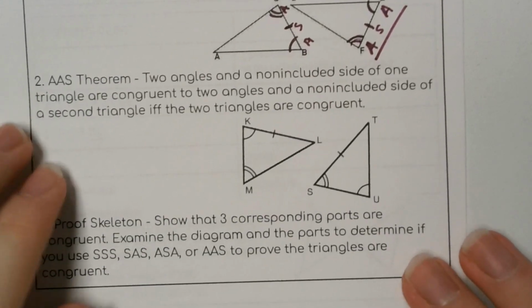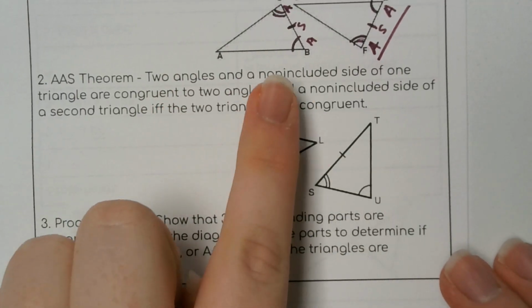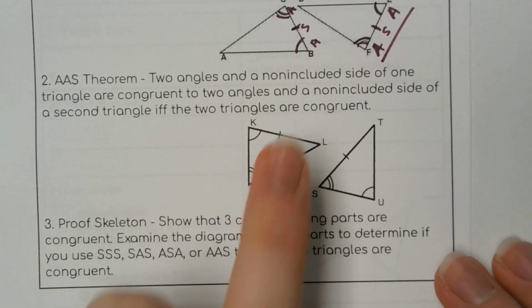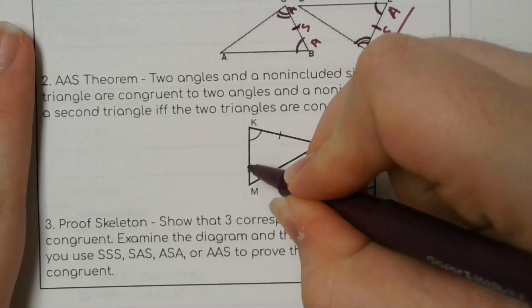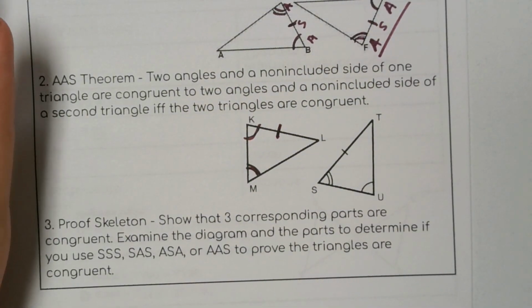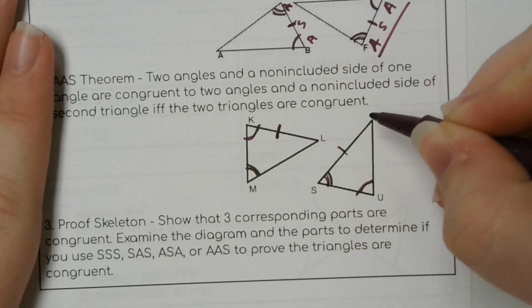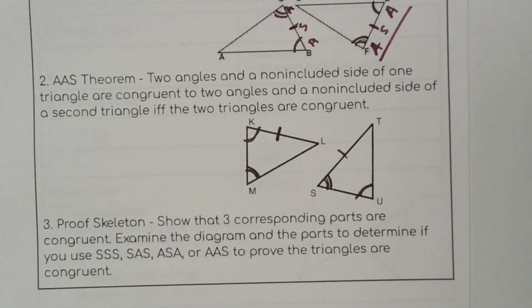Okay, the AAS theorem is 2 angles and the non-included side. So 2 angles here and the side on the outside of those 2 angles.